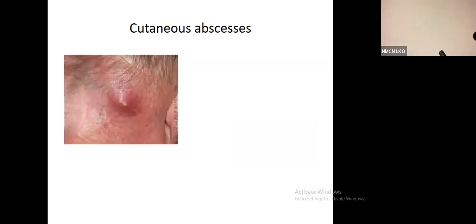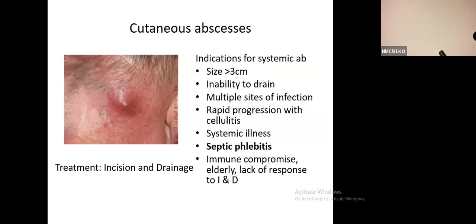This is an abscess, right? What do you need to do? Yes? I and D, very good. So basically, treatment is incision and drainage, and maybe you can apply something. When do you need systemic antibiotics? If the size is big, if the induration is big, sometimes they are in locations where you cannot drain, right?